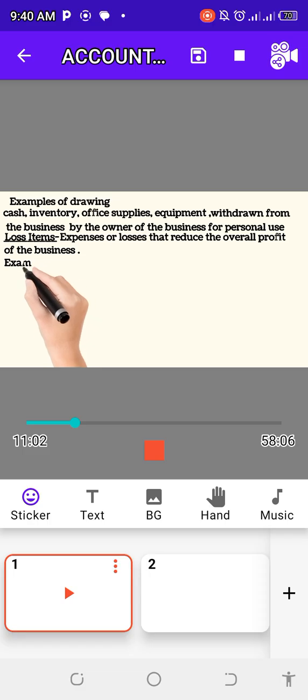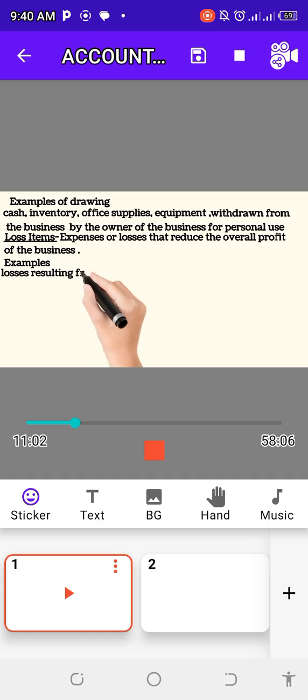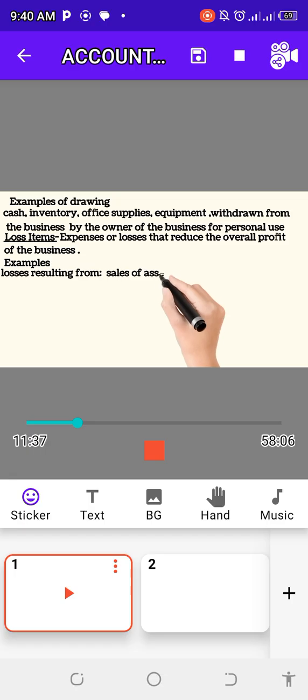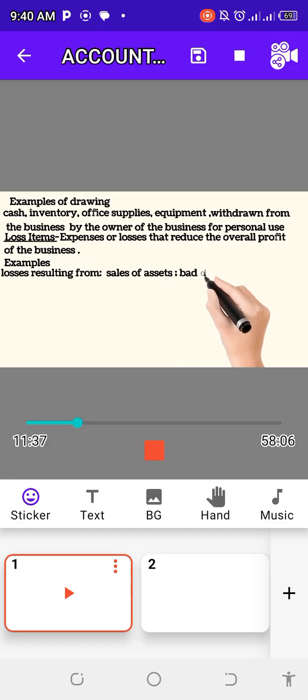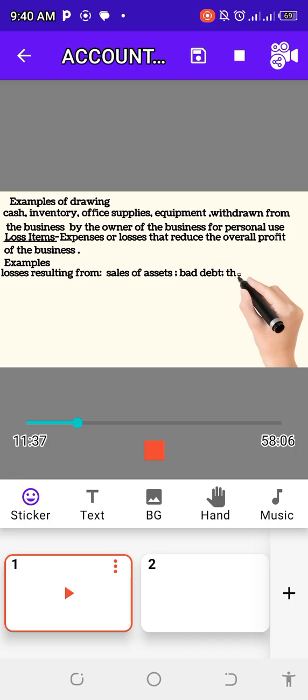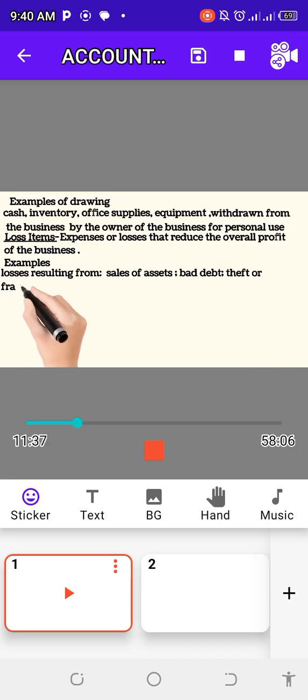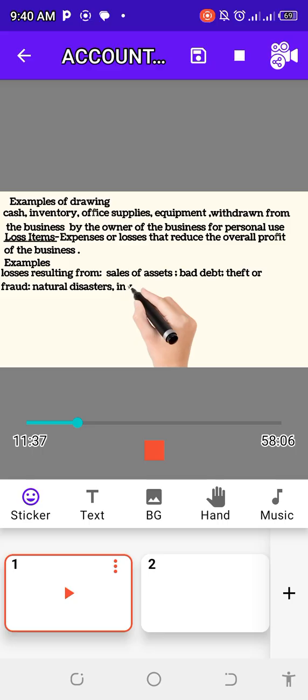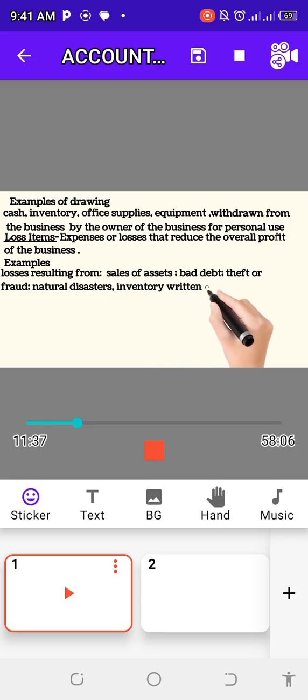Examples of loss items are losses resulting from sales of assets, from bad debt written off, from theft or fraud, from natural disasters, and inventory written down.